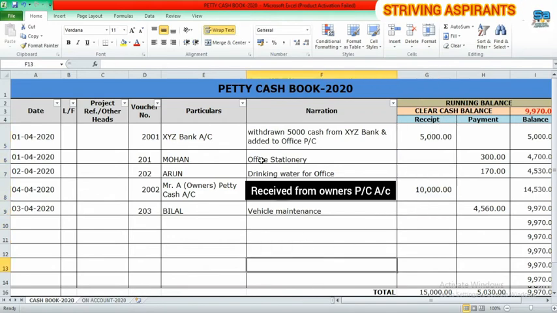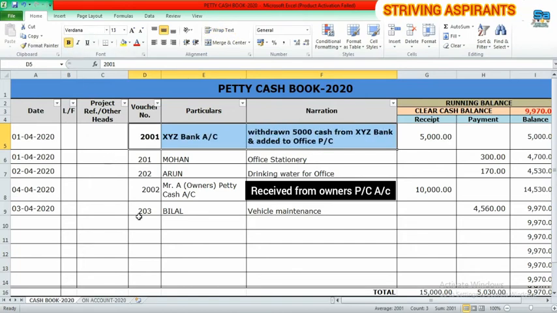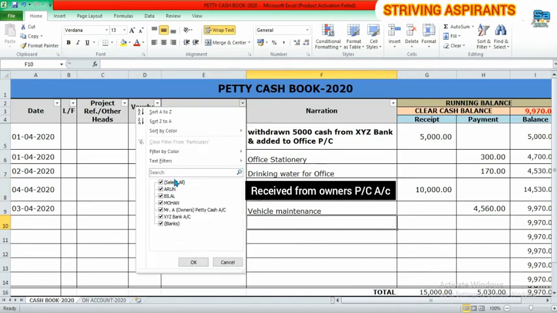Also, another thing we have to note is that we can bold the receipt coming to the petty cash book, so we can understand or check the receipt easily. Also, while preparing this petty cash book, we have to prepare the table using header.